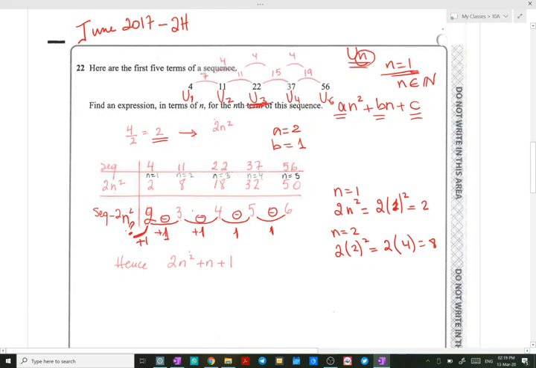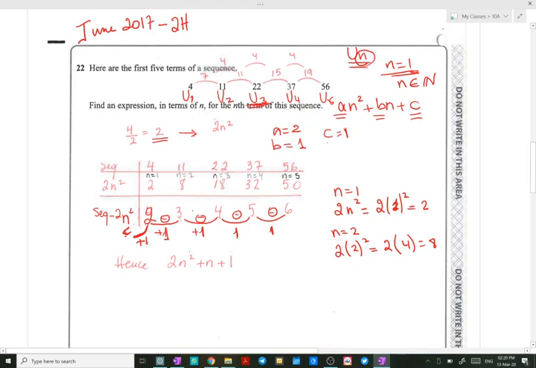What should the constant c be, so that when you subtract 2 minus c, you get 1? You can say that 2 minus 1 gives c. It doesn't matter how you think about it. 2 minus 1 is 1, so c is going to be 1.